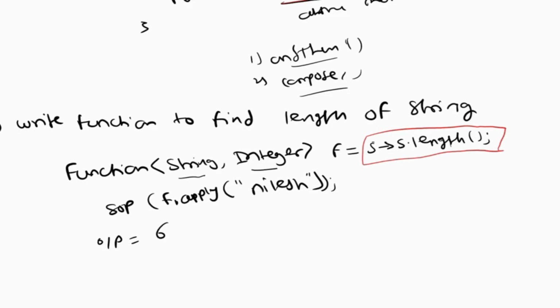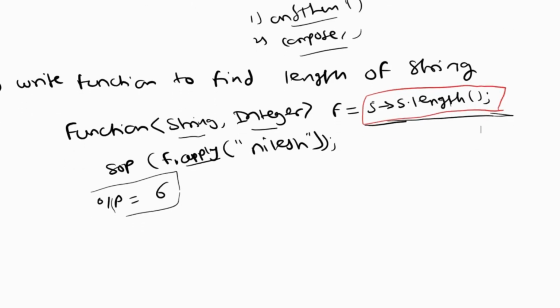So the output of this method is going to be 6. In this case, we have used the apply method on this function, where the apply method is implemented by the lambda expression s.length. I hope you got the idea about it now.